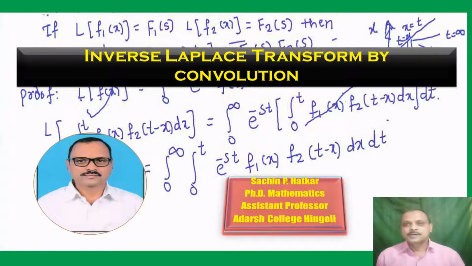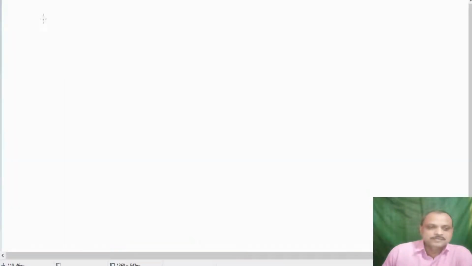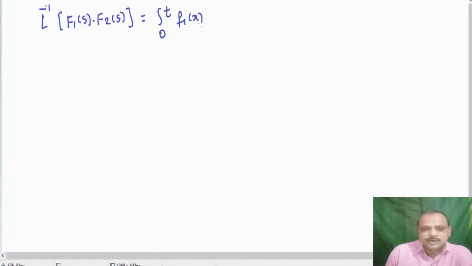The formula for convolution of inverse Laplace transform is: L inverse of F1(s) times F2(s) equals the integral from 0 to t of f1(x) times f2(t minus x) dx.